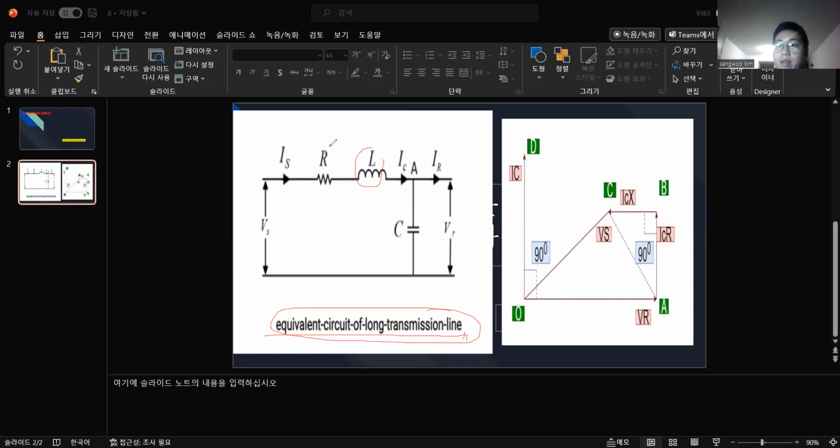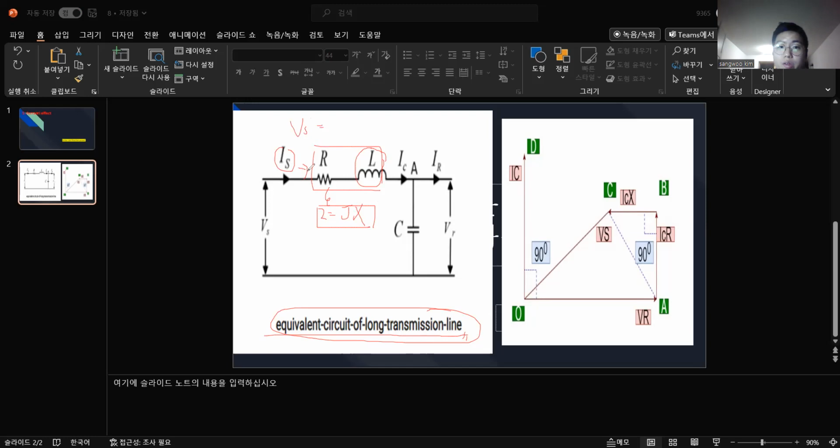So we say this part is just the impedance jX, and here IS is coming.